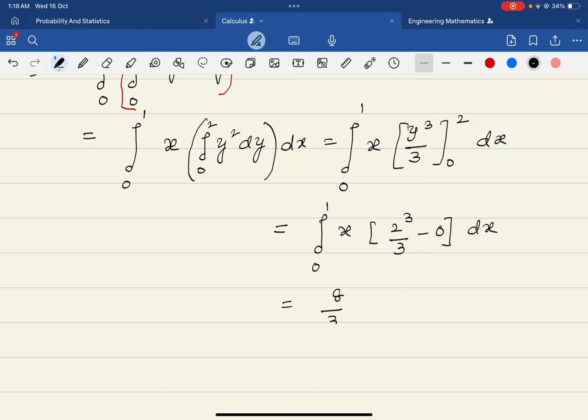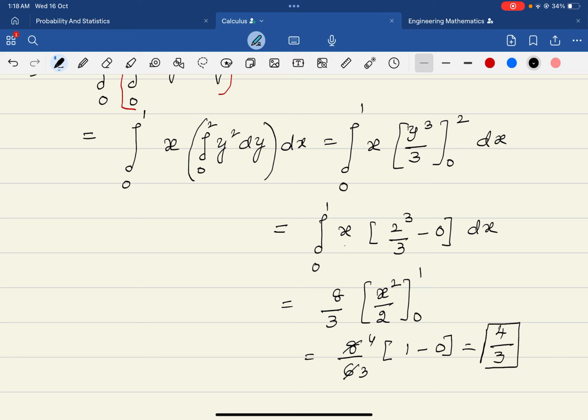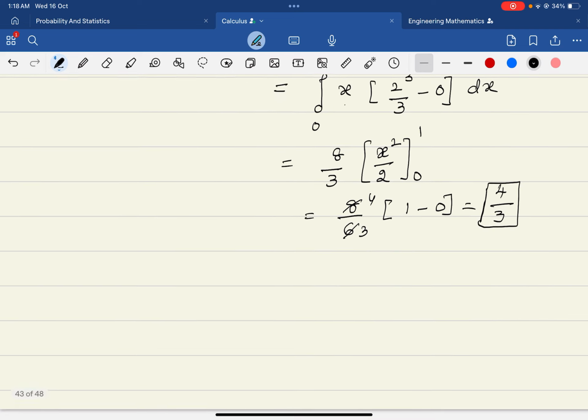So 8 by 3 I will take out and integral x dx becomes x square by 2. Now put the limits from 0 to 1. So again it is 8 over 3 times the upper limit 1 square is 1, lower limit is 0. So 2 4s and 2 3s cancel, right? So the value of the double integral is 4 over 3. I hope you could understand.